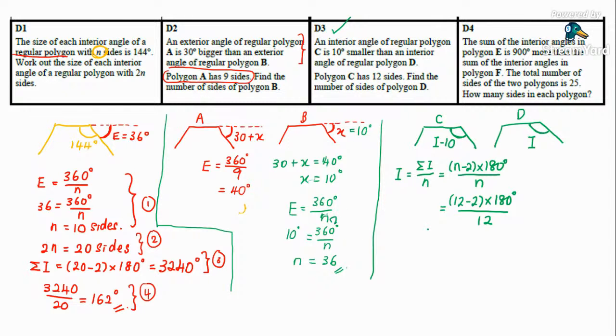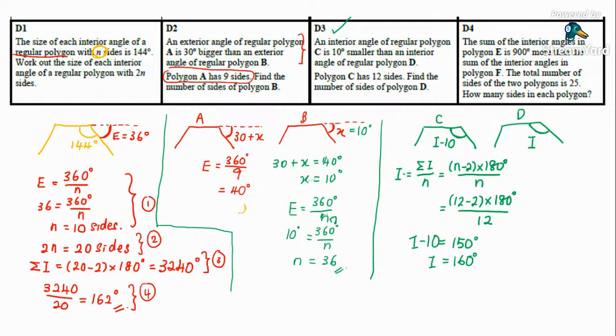So I know that I minus, oh sorry, this one should be I minus 10. I minus 10 equals 150. So I equals 160.